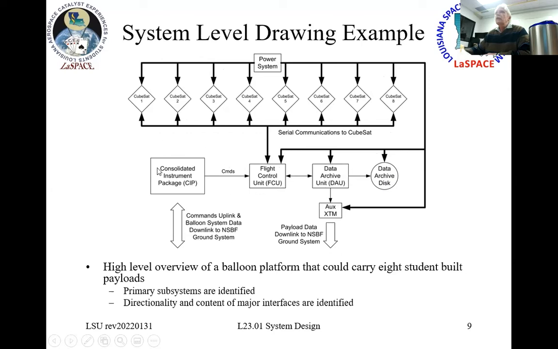And then there's also a balloon system control package in the flight that would send commands to the flight control system, and there would be uplink and downlink communication there. So that's a high level view. Here we've identified all the primary subsystems and their major interfaces, right?